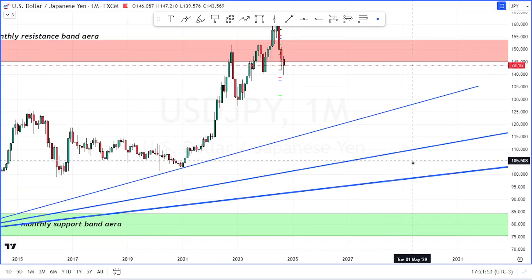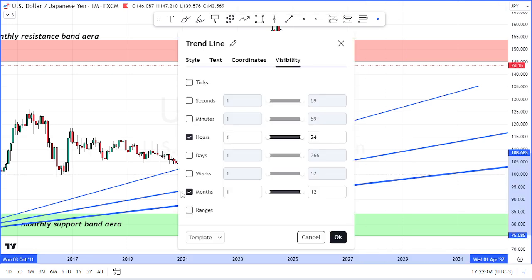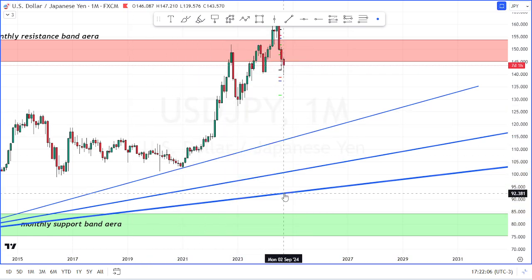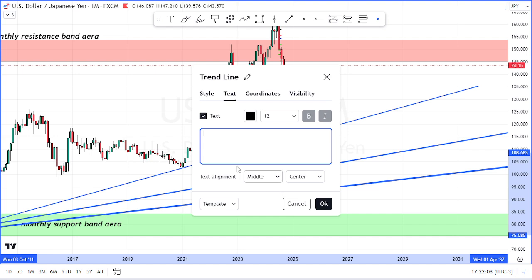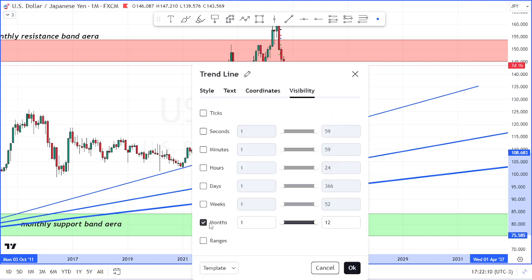Now, one beautiful thing about these trend lines is that when looking at them from different time frames, all time frames have their own trend lines. So what I'm doing right now, you see right here, visibility.